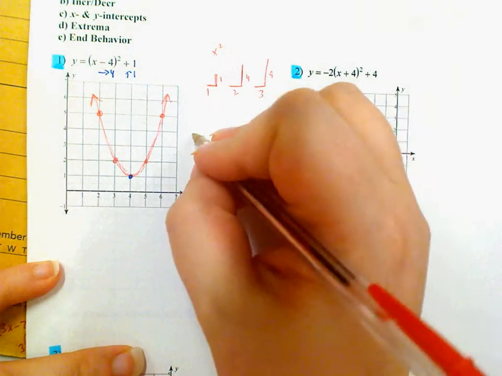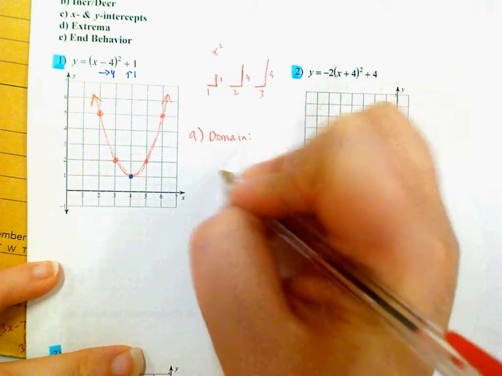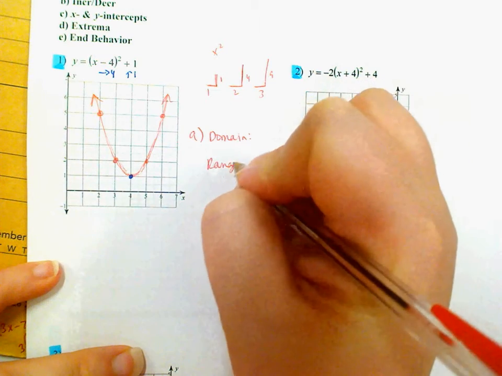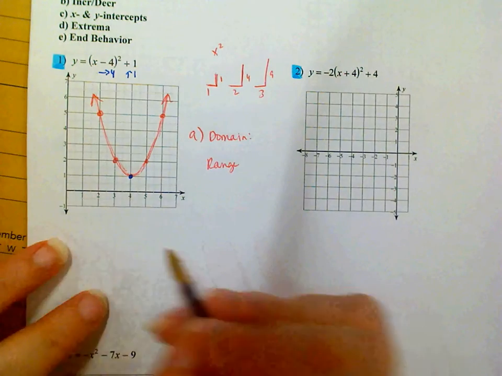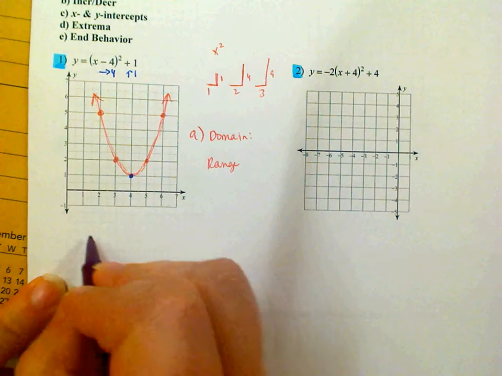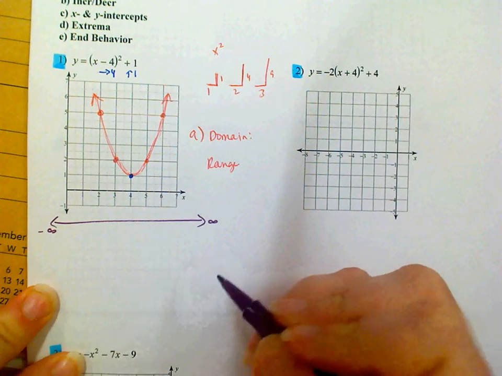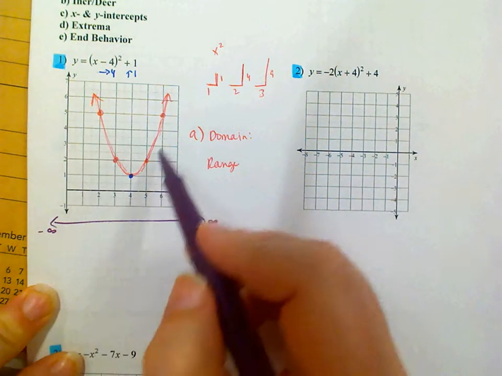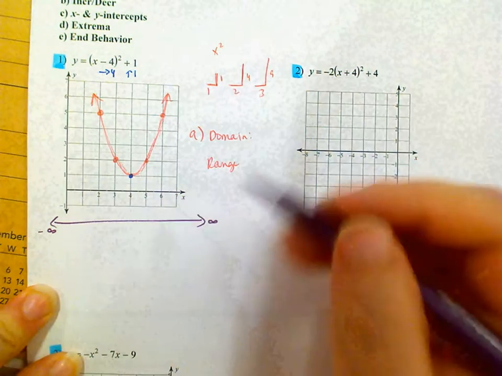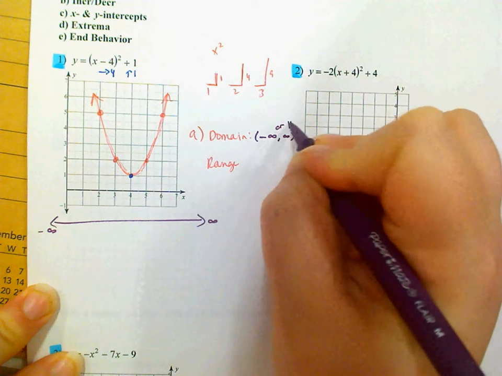So A asks for domain and range. Now, domain is left and right, so when I think about how far left and how far right the function goes, I know that domain is -infinity to +infinity on the x, and if I look at this graph, it will extend all the way on both sides. So you can either write -infinity to +infinity, or you can write all real numbers.